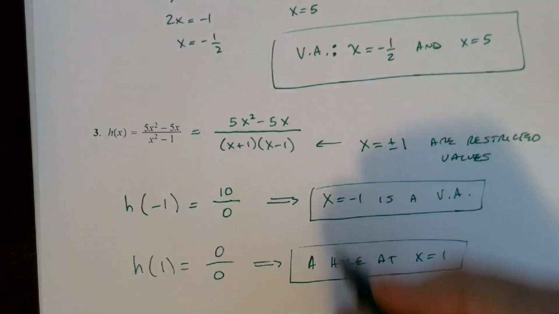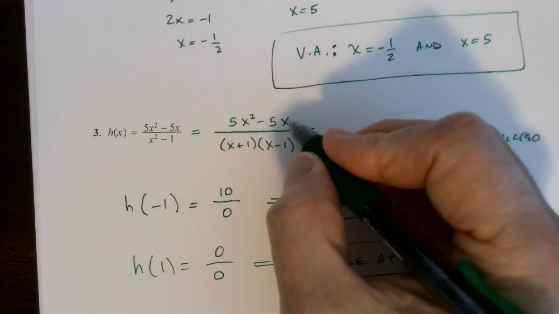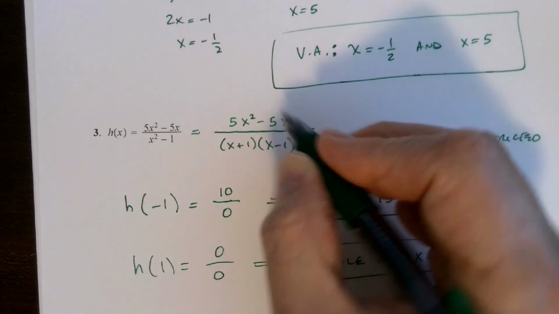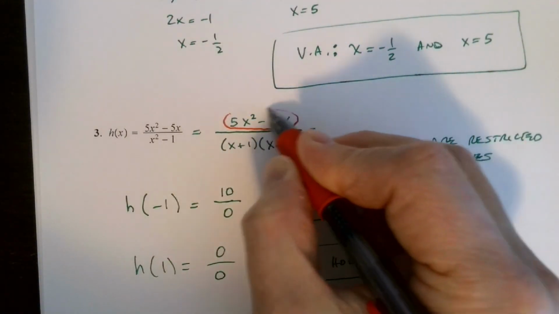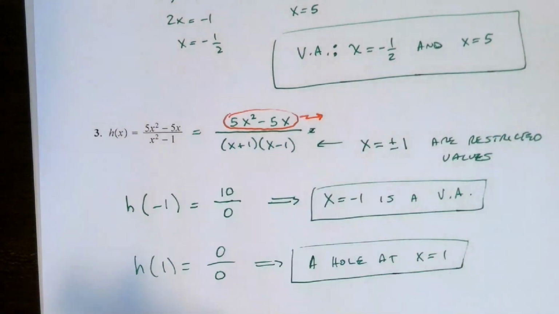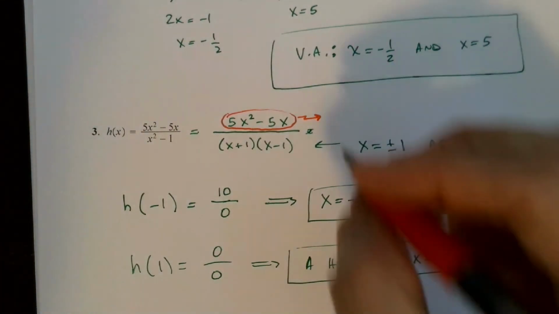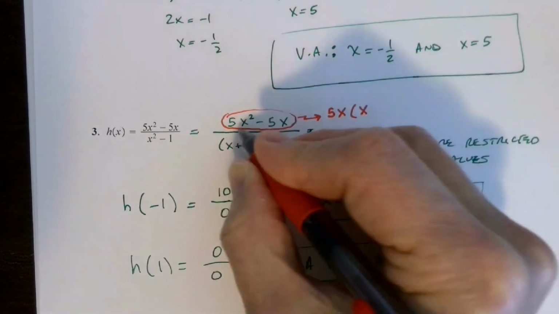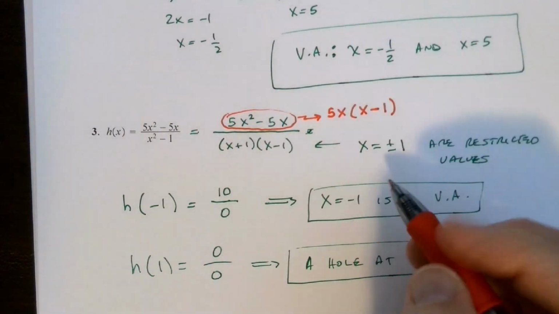And let's go back up here. If you think about it, we could have factored this numerator. How can you factor it? What's the GCF? The GCF is 5x. I can pull a 5x out. That leaves me x for the 5x squared and a 1 for the 5x. Do you notice something now?